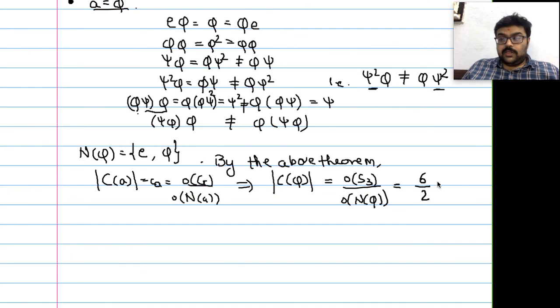We have found two elements here, so this is going to be 3. So there are three conjugates of phi, and we have to find what those three are. So this is a verification also, so that we don't make a mistake.